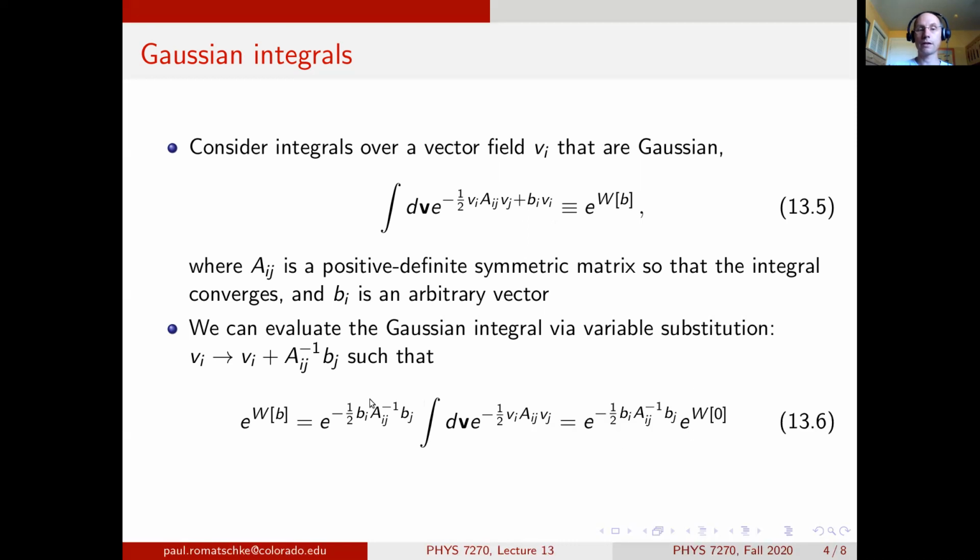And we find that basically the exponent of W is just the exponent of W at 0 minus 1/2 B times the inverse of A times B.